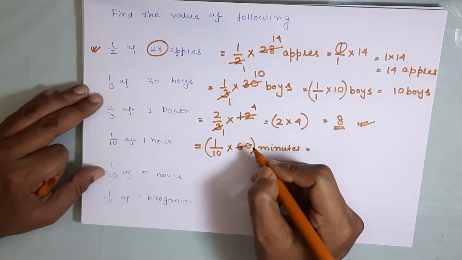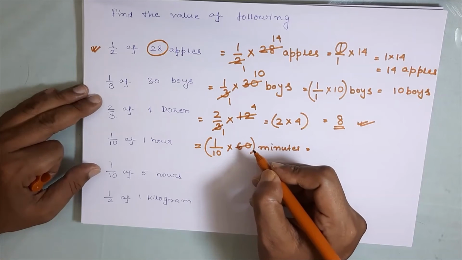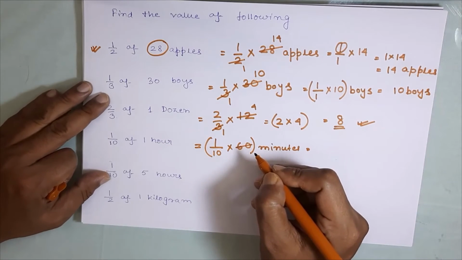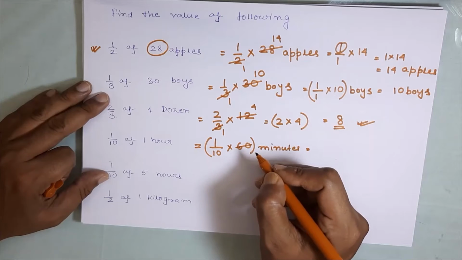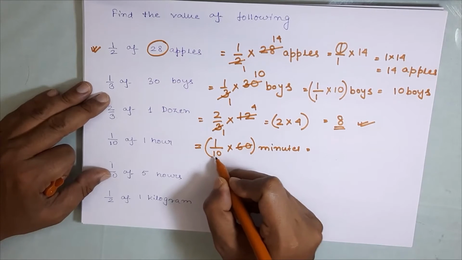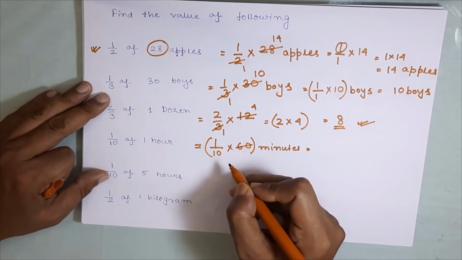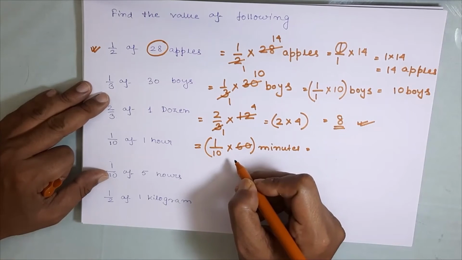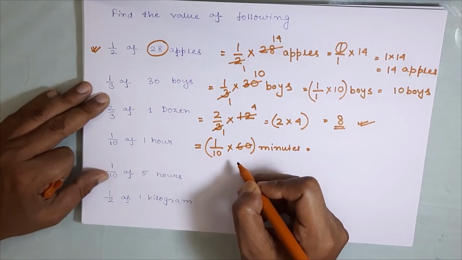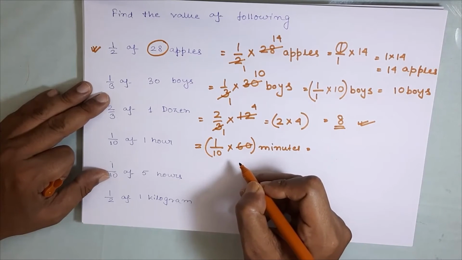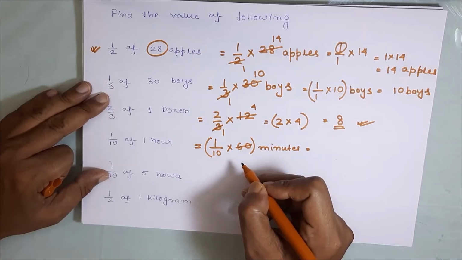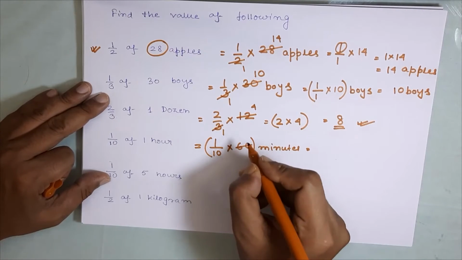Always try to divide with the smallest divisible number. If you look at this question, both of them are divisible by 10, but we don't do that in the learning stages. When we are learning, we don't jump into the solution, so we'll try to divide it by the smallest number. 60 is divisible by 2.